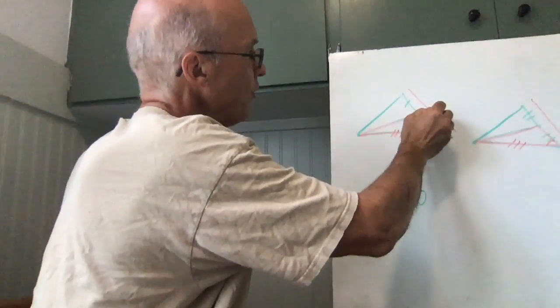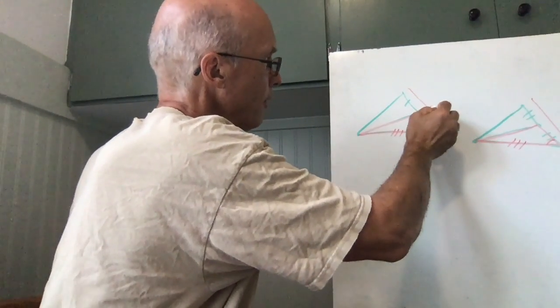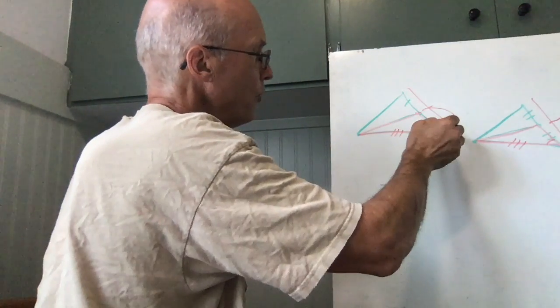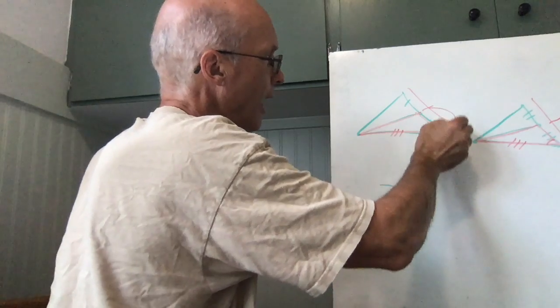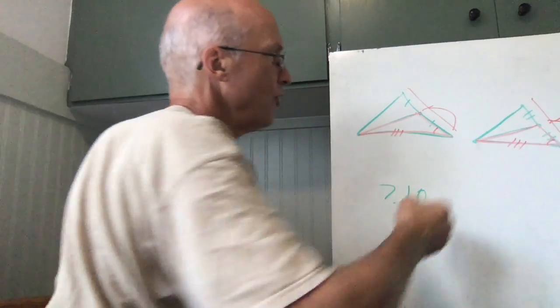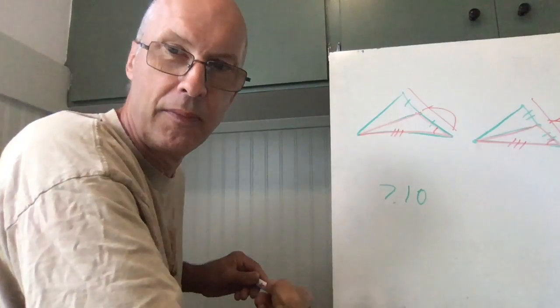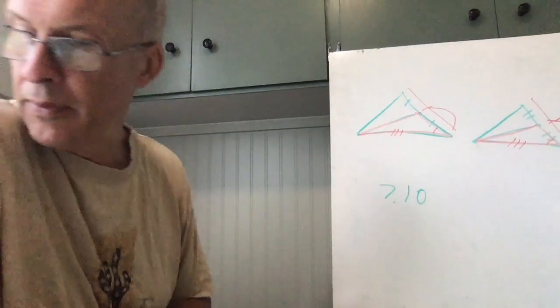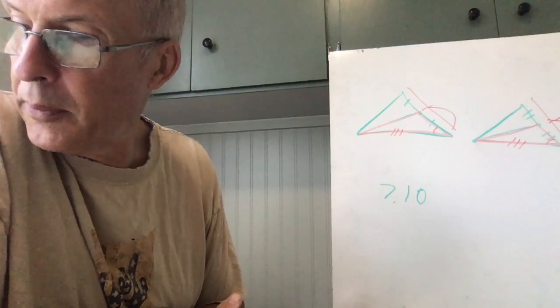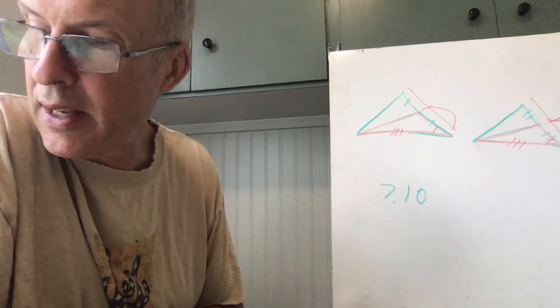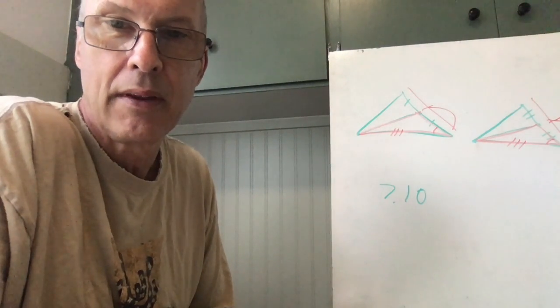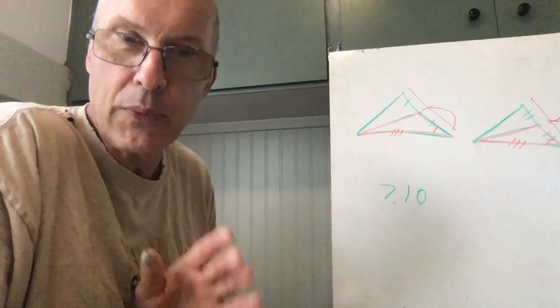And so now if we cut this exactly in half, well, if the whole length was similar and we cut it in half, then that half length is still going to be proportional. So these two triangles. So 7.10 says if two triangles are similar, the lengths of corresponding medians are proportional to the lengths of corresponding sides. Okay, so I think we can handle those.